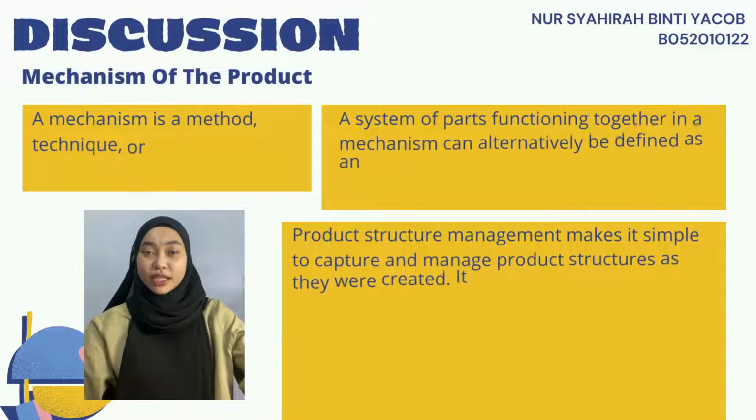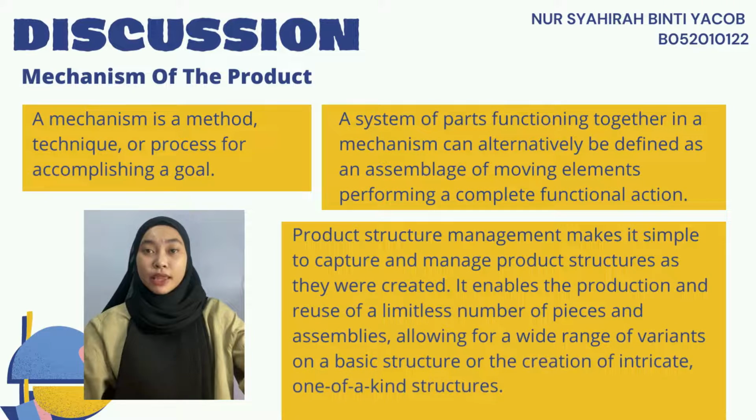Mechanism of the product. A mechanism is a method, technique, or process for accomplishing a goal. A system of parts functioning together in a mechanism can alternatively be defined as an assemblage of moving elements performing a complete functional action. Product structure management makes it simple to capture and manage product structures as they were created.